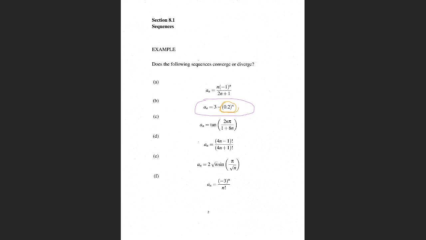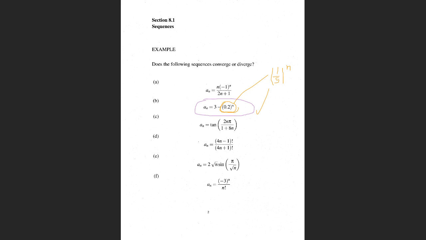That's like 1/5 to the nth power. As n gets large, what would 1/5 to the nth power approach? If you took a fifth times a fifth times a fifth times a fifth, it's going to go to 0, right?